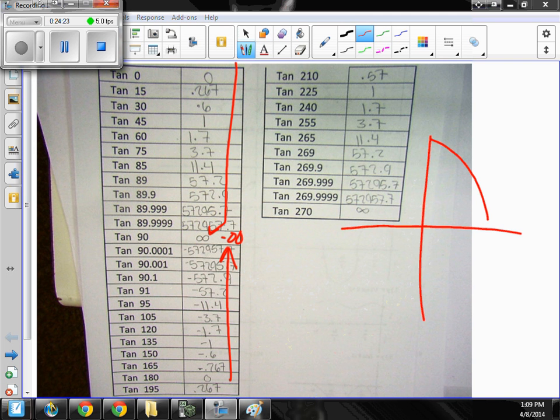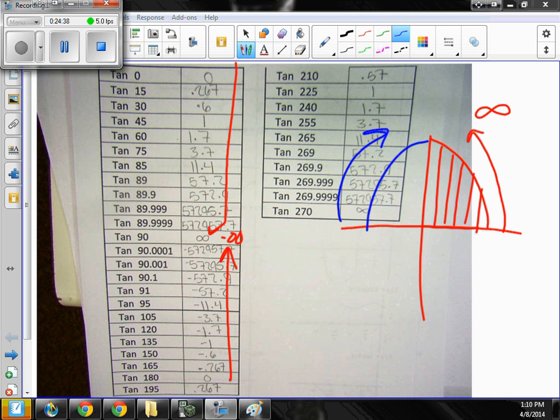And you can see that on the unit circle. In quadrant 1, if I travel in this direction, the wall is getting higher and the ground is getting shorter, so I'm approaching infinity. But if I look in quadrant 2, and I approach from this direction, the ground is negative and the wall is positive. And as the wall gets larger, as I get closer to 90, the ground gets shorter.